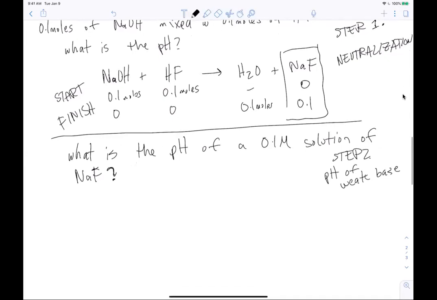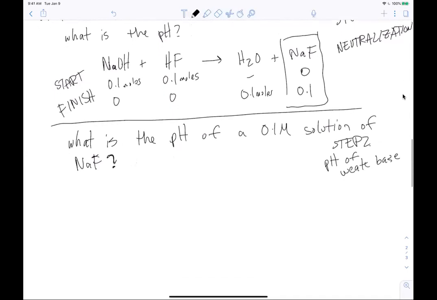And there's a lot of different riffs on this because if it's a strong base, it dissociates completely. That's true. So step 2 is now figuring out the pH of a weak base.